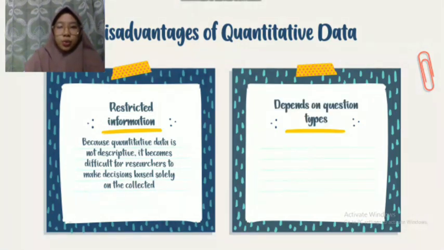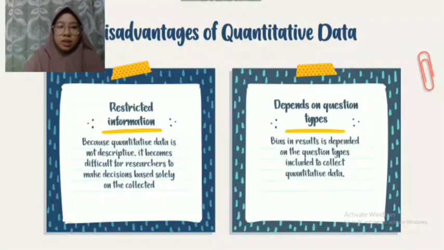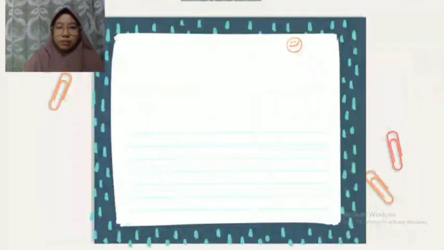Depends on question types. Bias in results depends on the question types included to collect quantitative data, the researcher's knowledge of questions, and the objective of research are exceedingly important while collecting quantitative data.